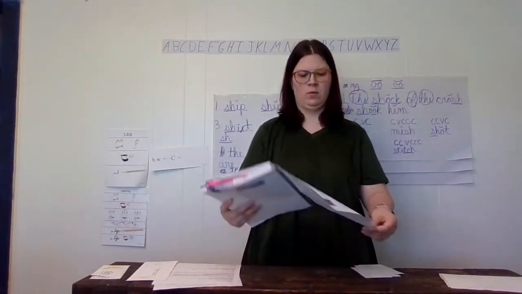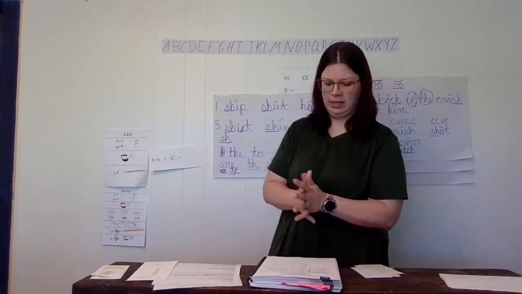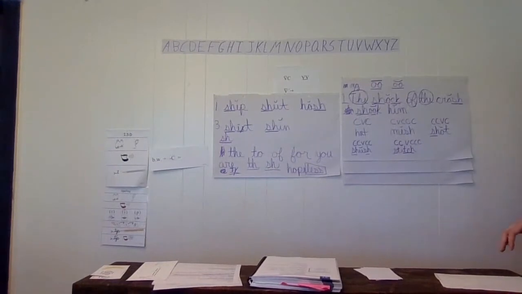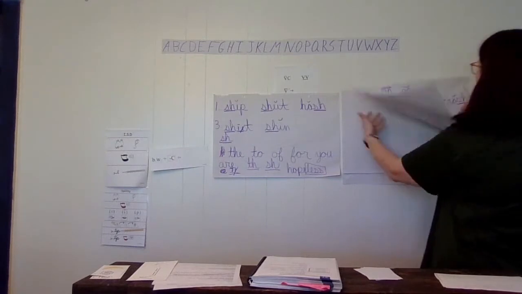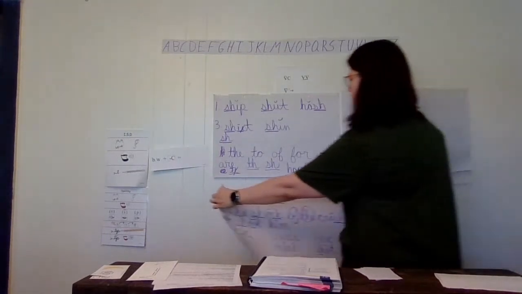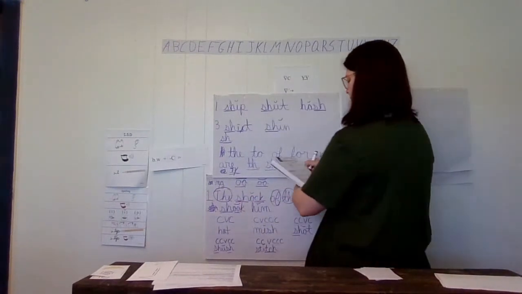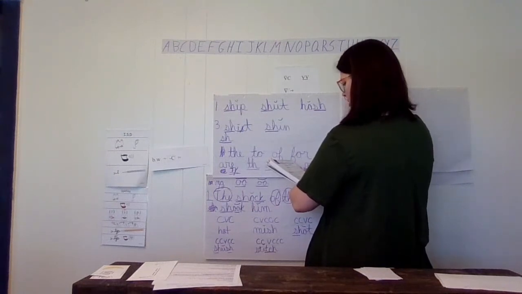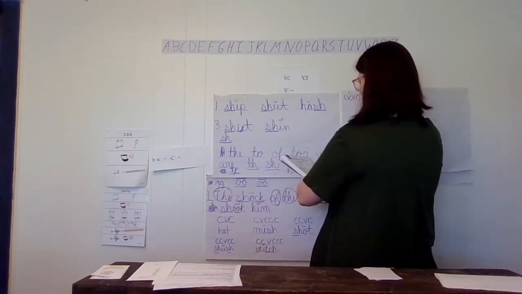All right, let's get ready for spelling. So for spelling, we have some procedures that we need to go over, as well as some charts. So let me move this over. All right, we have a vowel followed directly by a consonant is read as a short vowel.